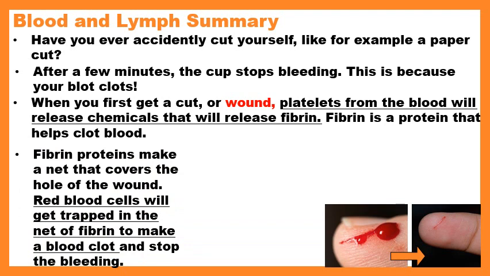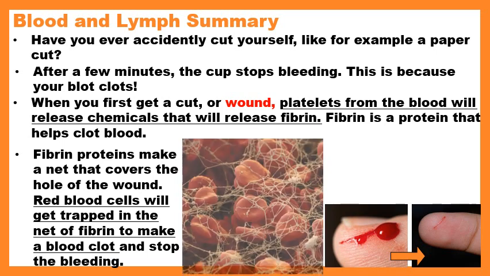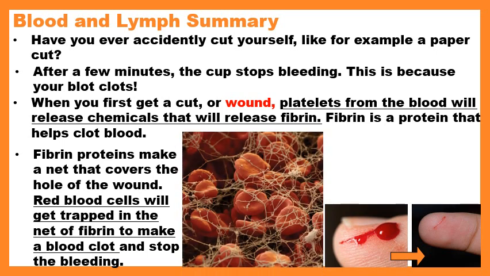And what that protein does is it makes almost like a net, like a fishing net. It will cover the whole wound or opening, and red blood cells will get trapped in that net of fibrin, and as a result, they won't get out, and eventually they'll start to dry out, and it'll make this protective covering.